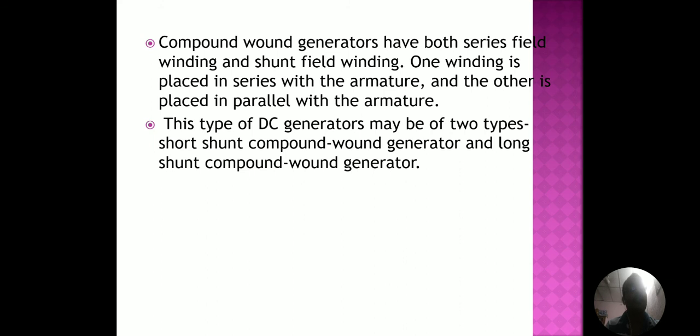This type of generator has both types of windings, that is series field winding and shunt field winding. One winding is placed in series with the armature, whereas the other winding is placed in parallel with the armature. This type of generator may be of two types.